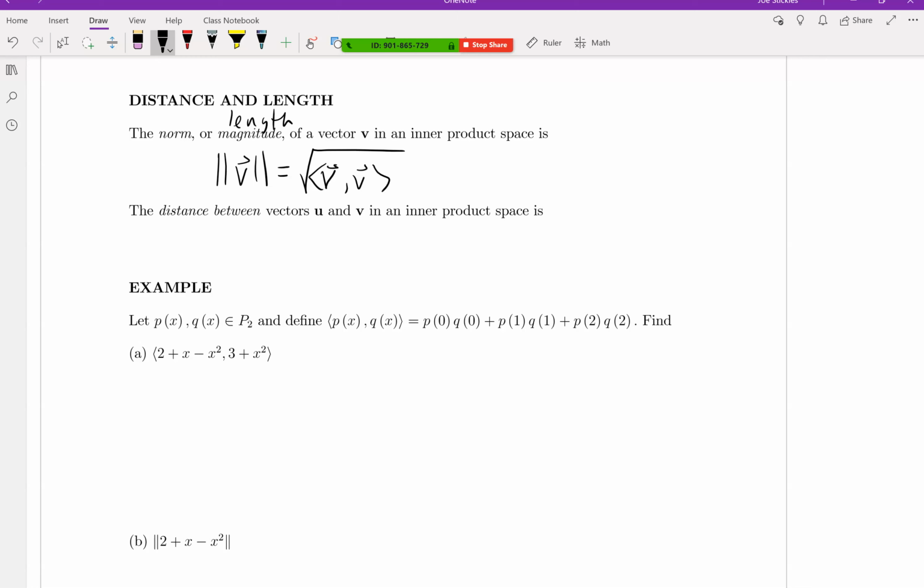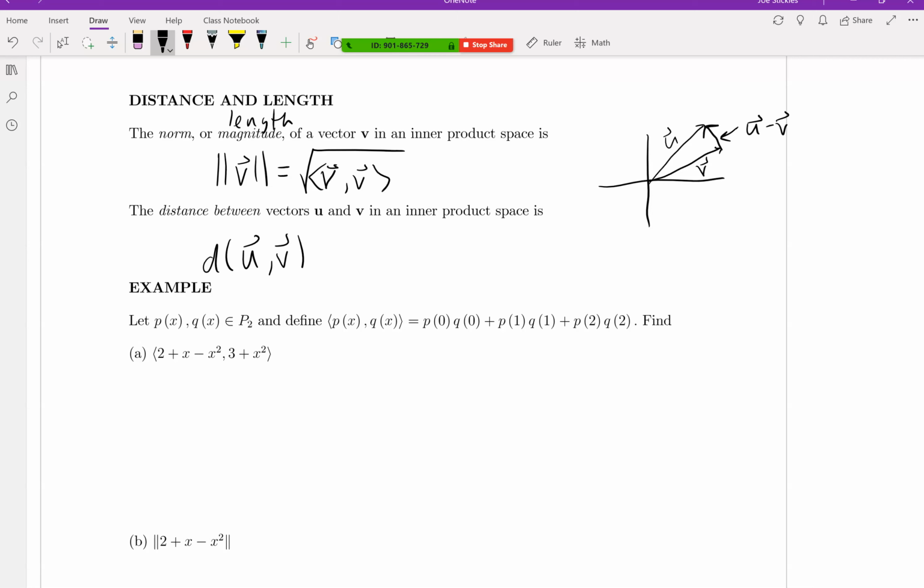And now for distance between two vectors, the notation we use is d of the two vectors. If we think about this in a picture, if you're familiar with vectors graphically, if you've got a v and you've got a u, and I draw the vector this way, that is u minus v.